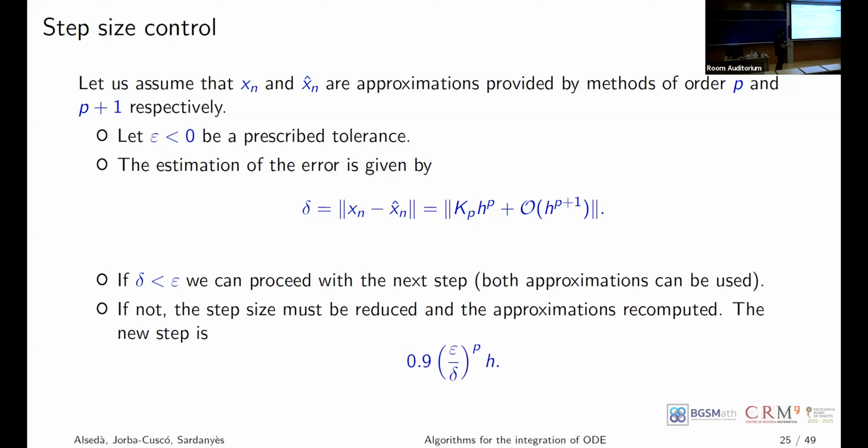So the idea of the step size is exactly the same, but here the estimation is done according to the order we're using. And this factor here is changed according to the method. If it is order p, it is order p.